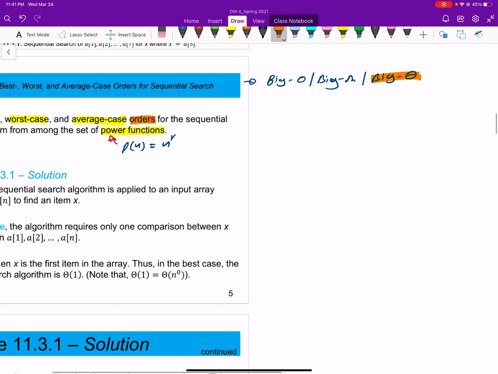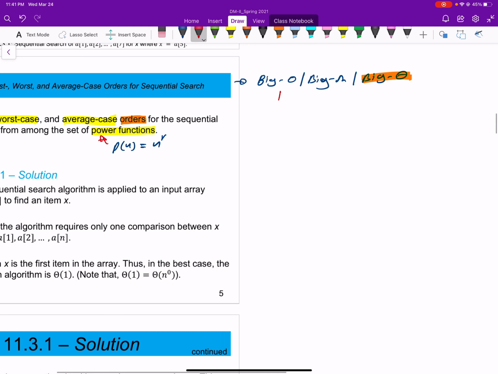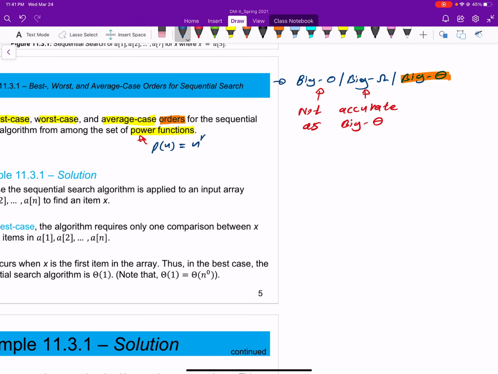Why is it big theta? You understood that in the last section. Big O and big omega are not as accurate as big theta. Because of that reason, from here onward, we use big theta.